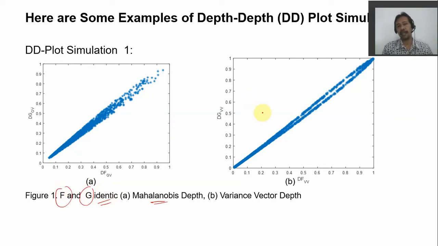We can see here that the right plot is better than the left plot. The scatter is close to the straight line between the origin and (1, 1) here.